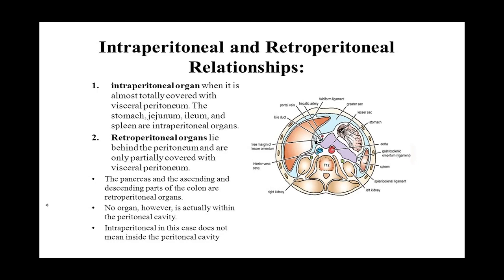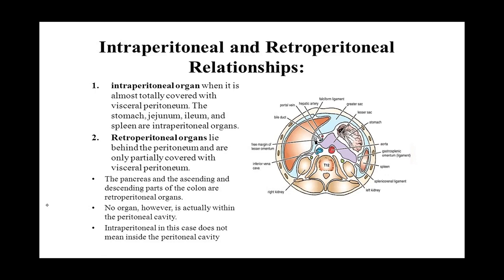What are they? The stomach, jejunum, ileum, spleen are intraperitoneal organs. Retroperitoneal organs lie behind the peritoneum and are only partially covered with visceral peritoneum. The pancreas, the ascending and descending parts of the colon are retroperitoneal.